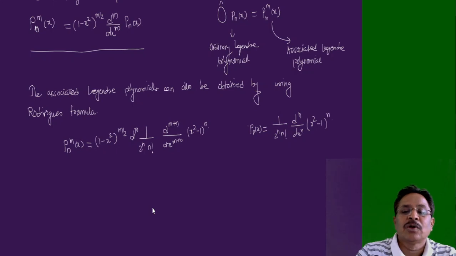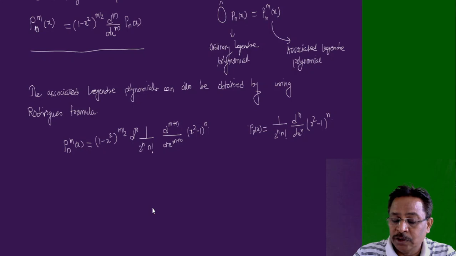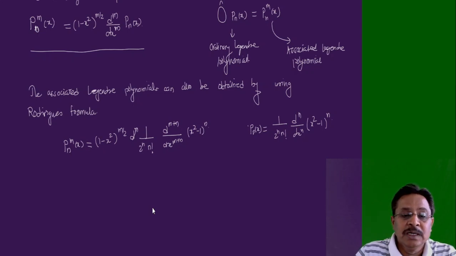Using this formula, I can get ordinary Legendre polynomials, and using the other Rodrigues formula, I get the associated Legendre polynomial. The difference is this additional component, (1 minus x squared) raised to m by 2. The 1 upon 2 raised to n into n factorial is the same.